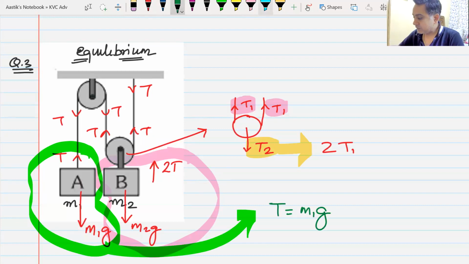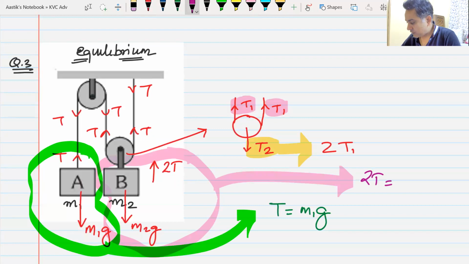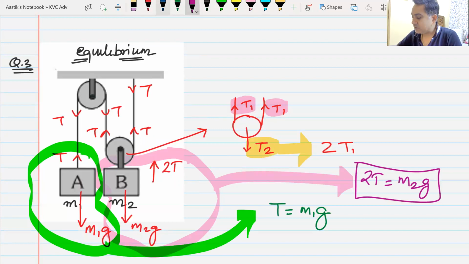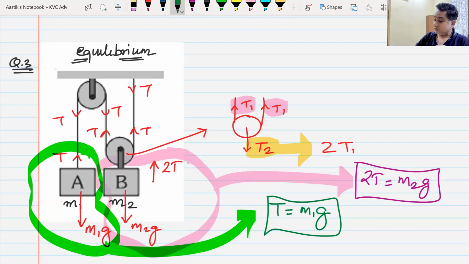Yes, sir. From the pink one, I can write 2T is equal to M2g, yes or no? Yes, sir. From these two, I know you are good enough to solve and get the answer. Yes or no? Everyone got this?